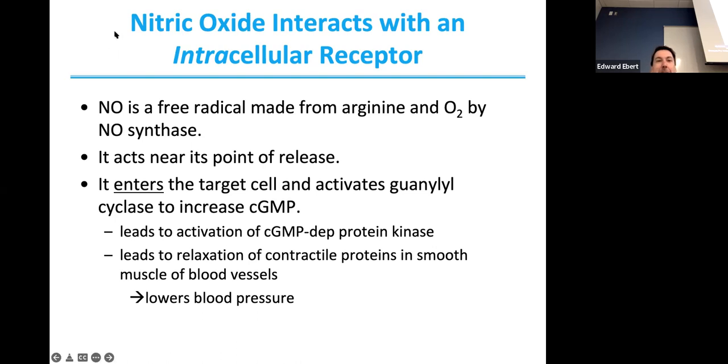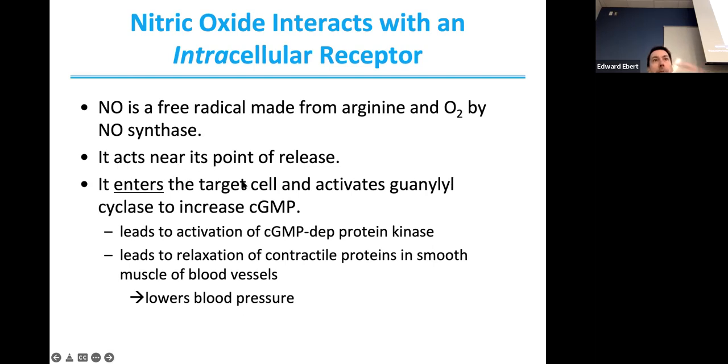Bad. Anyway, nitric oxide. We don't think of that as a hormone because it's a gas, but nitric oxide is a nice little hormone. It is essentially a free radical made from arginine and oxygen by this nitric oxide synthase. There is iNOS and eNOS for inducible nitric oxide synthase and endothelial nitric oxide synthase.